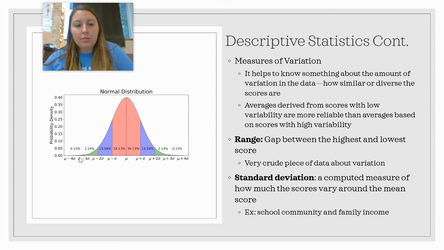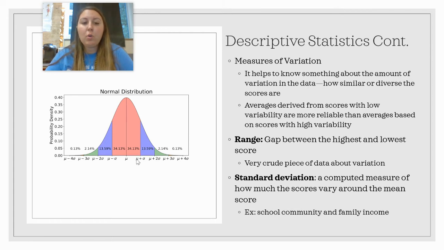Now, you need to know these percentages. So let's take IQ, for example. Average IQ is 100 points. The standard deviation is 15 points. So within 15 points of either above or below, 68% of people fall within that.